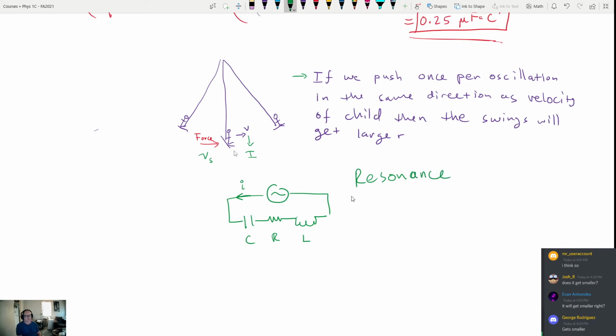Resonance is the idea that you drive a system at the frequency it already wants to oscillate at.